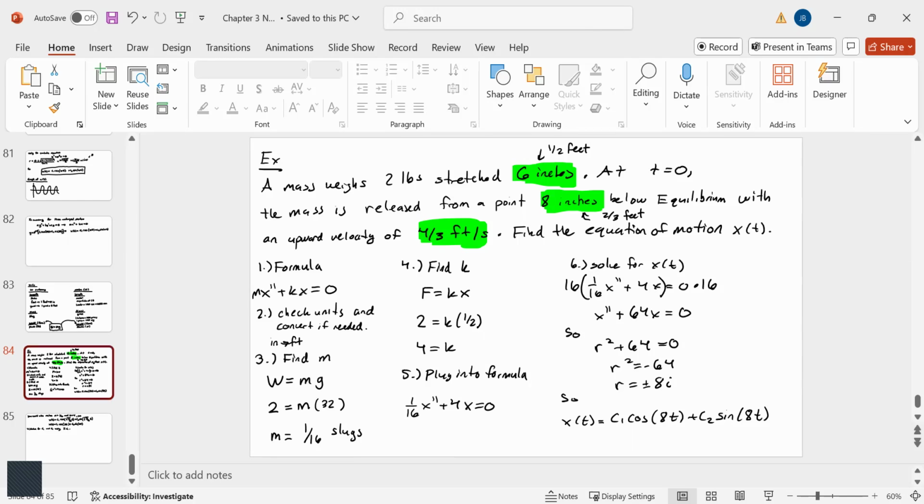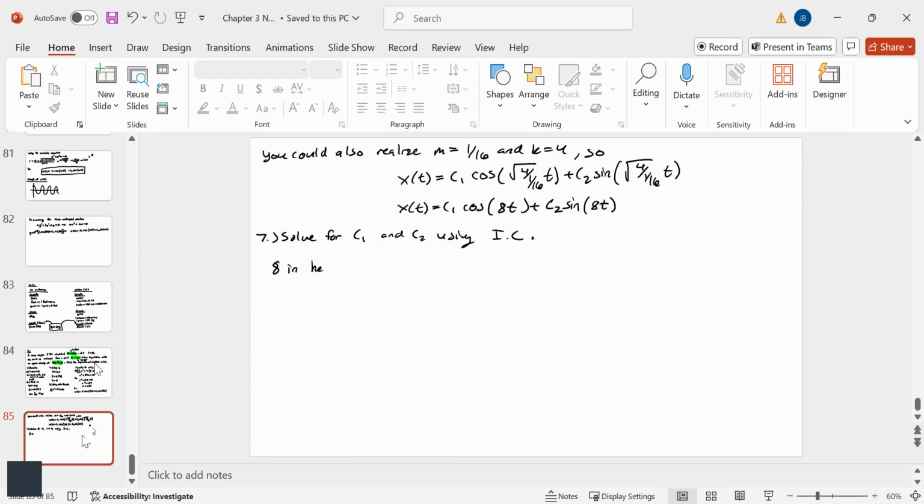The point is released from 8 inches below equilibrium, which then means the position at 0 seconds is equal to negative 8 inches. But we don't want inches, so we want to convert inches into feet, negative 2/3 feet.